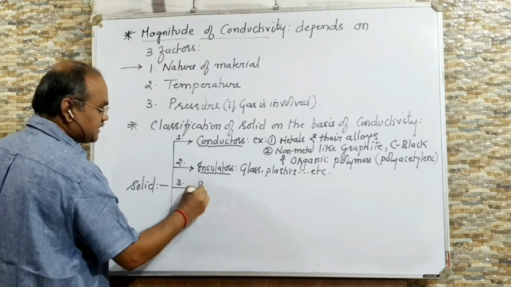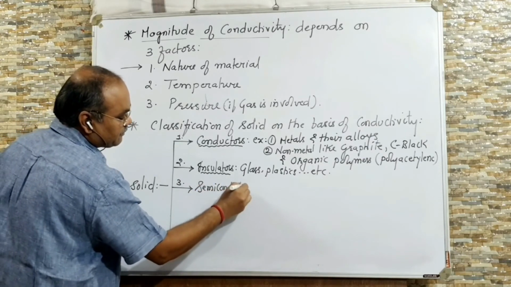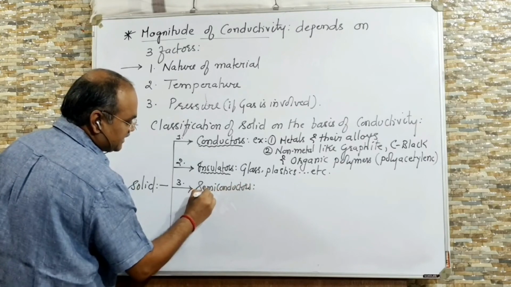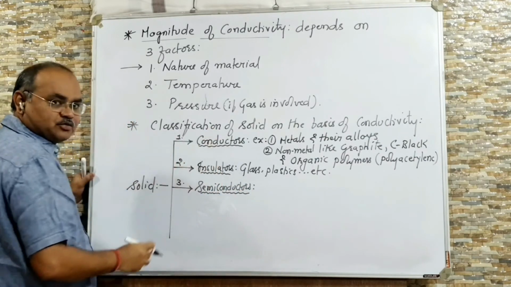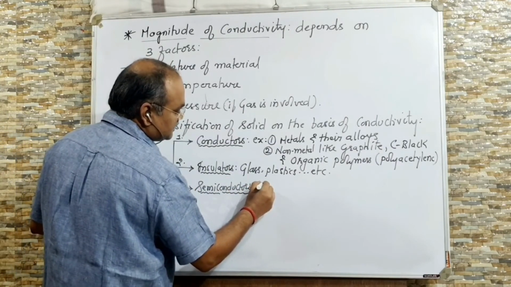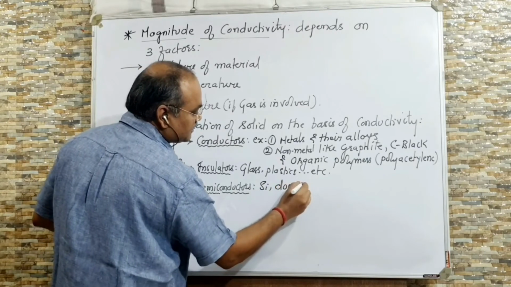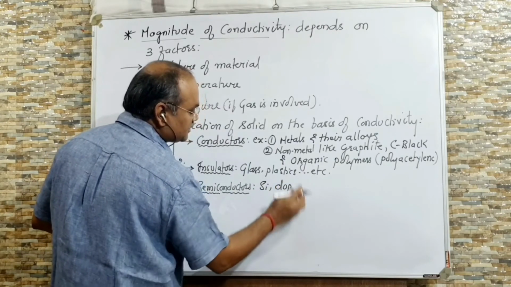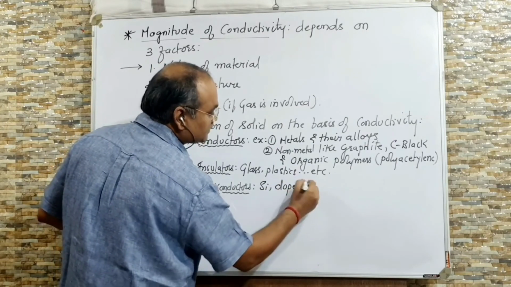Third, semiconductors. Semiconductors have conductivity between conductor and insulator. So semiconductor examples: silicon, doped silicon. Doping we will study later on.